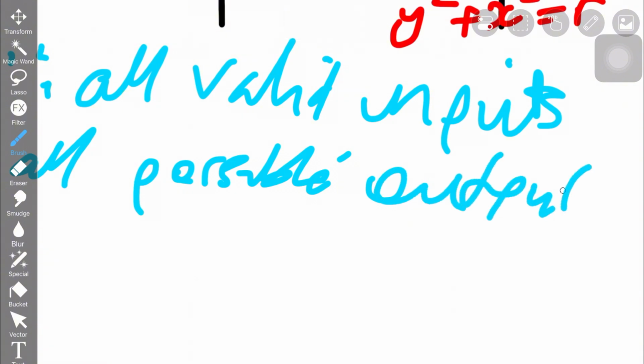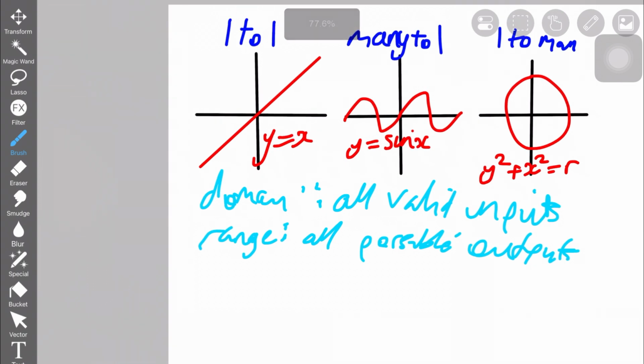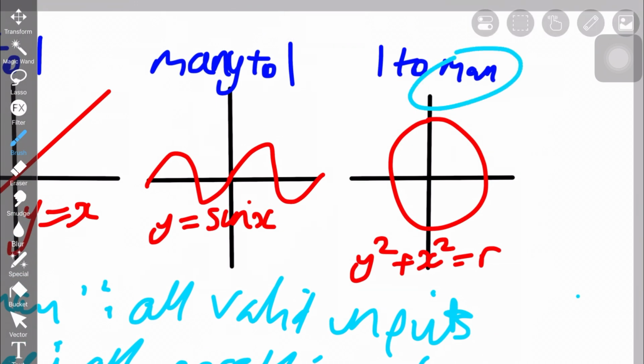So range is the set of all values that a mapping can produce, and the domain is the set of all inputs that the mapping can take to produce one of those outputs, or many of those outputs in the case of a one-to-many mapping.